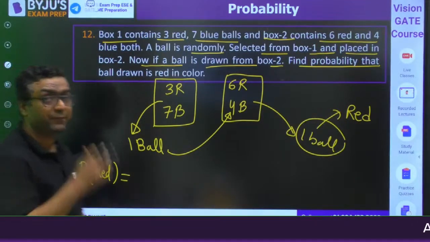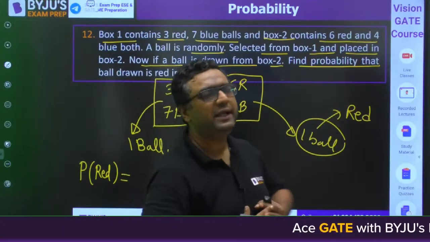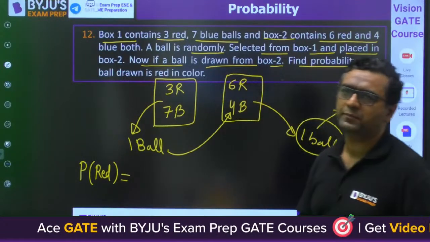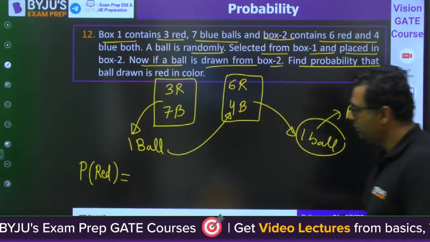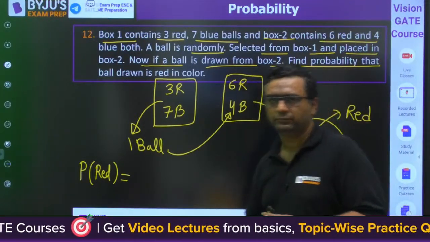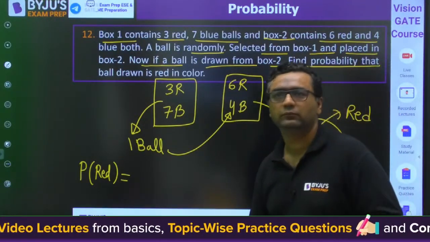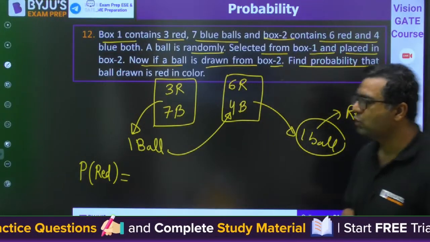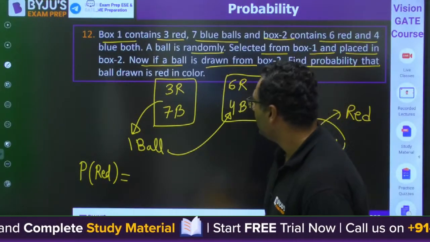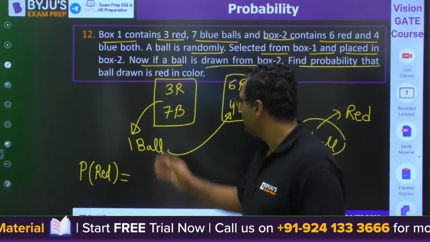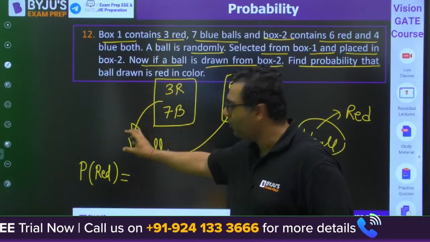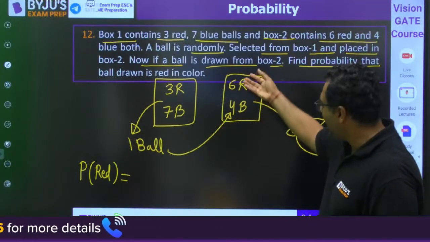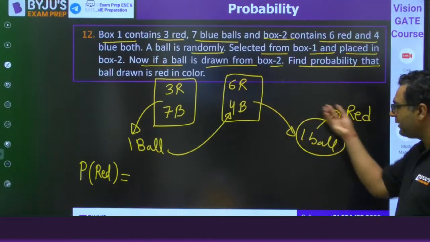How to solve this type of question? We have already done the questions of a single box. Now we are having 2 box problems. Are we ready? Okay, I am telling you how to solve this type of question. First possibility is the ball I am taking from here is red in color. I am placing that red ball here, and then once again I am taking one ball from here that is also red.